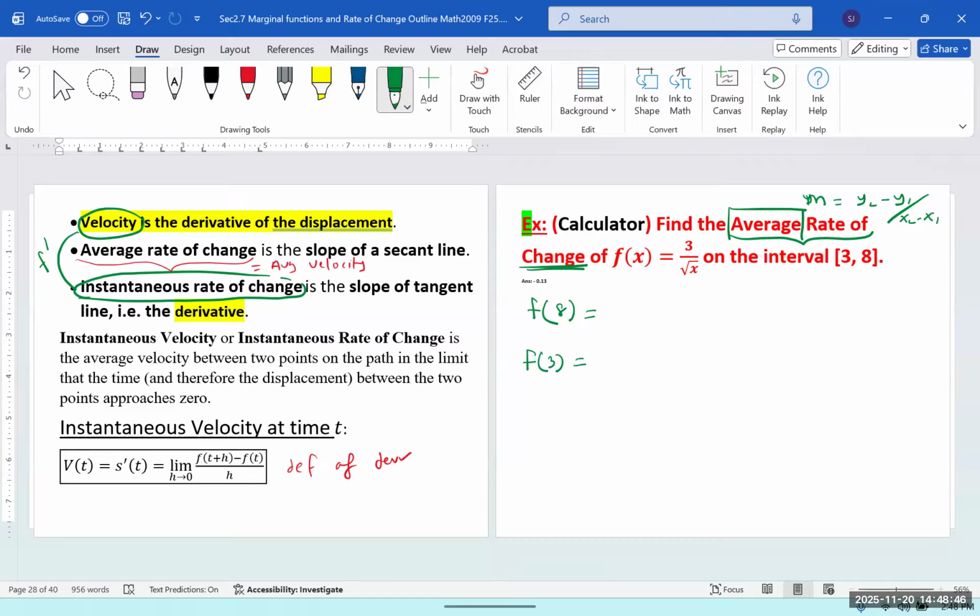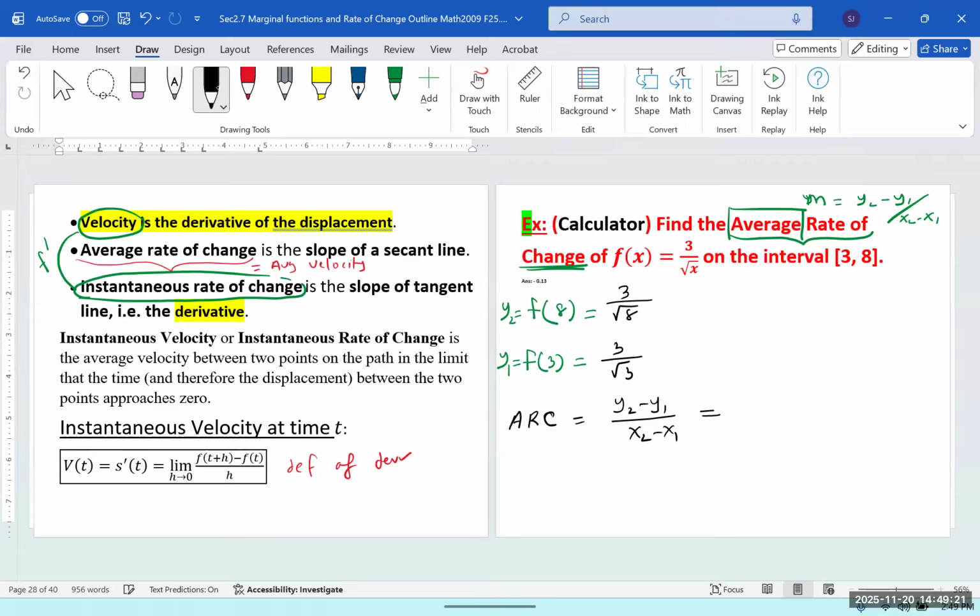These are our y values. So this is y2 and this is y1. So we get 3 over square root of 8 and 3 over square root of 3. So average rate of change, we represent that by ARC, is y2 minus y1 over x2 minus x1.